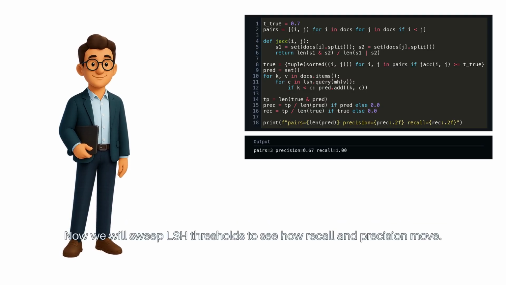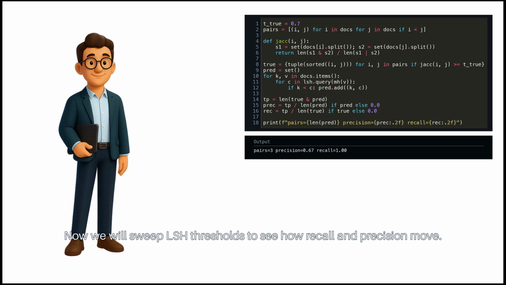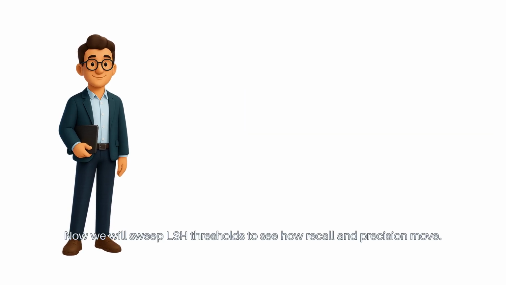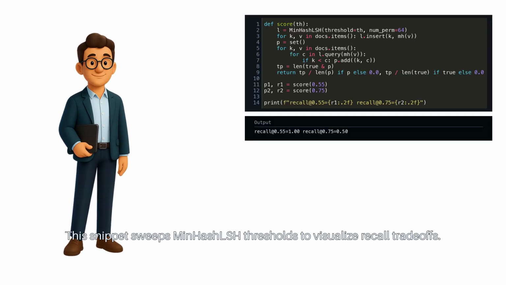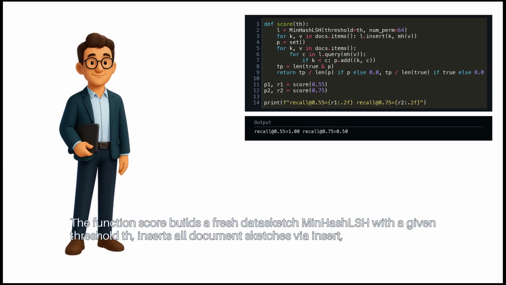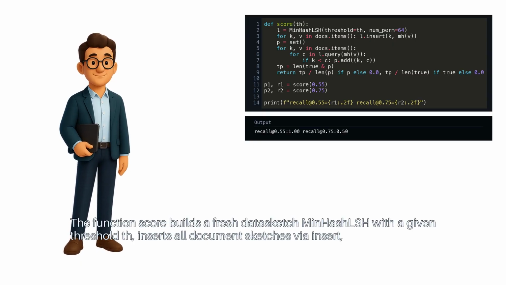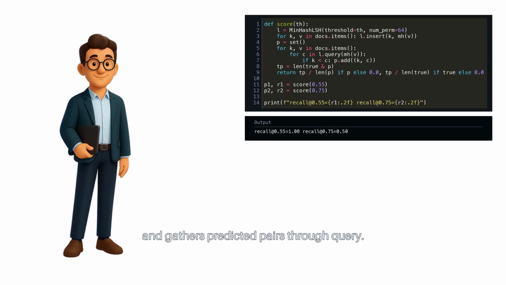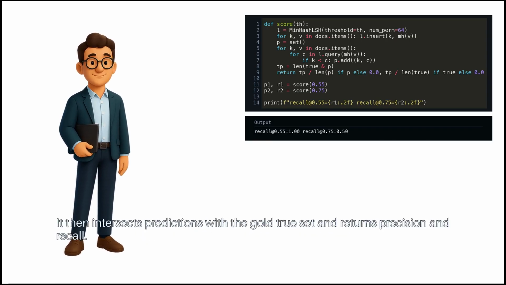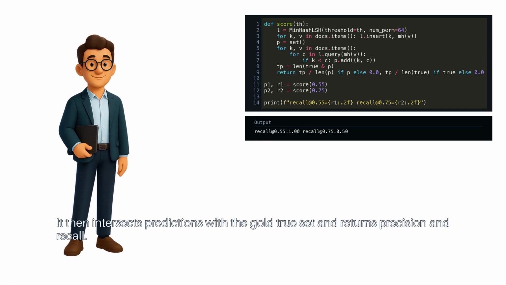Now we will sweep LSH thresholds to see how recall and precision move. This snippet sweeps MinHash LSH thresholds to visualize recall trade-offs. The function score builds a fresh datasketch MinHash LSH with a given threshold th, inserts all document sketches via insert, and gathers predicted pairs through query. It then intersects predictions with the gold true set and returns precision and recall.